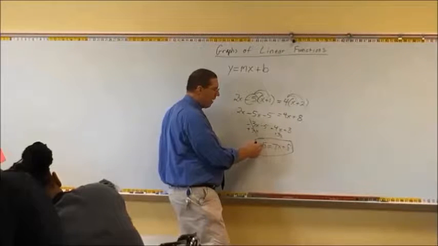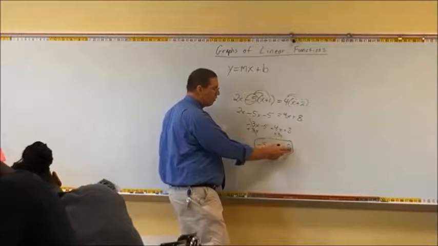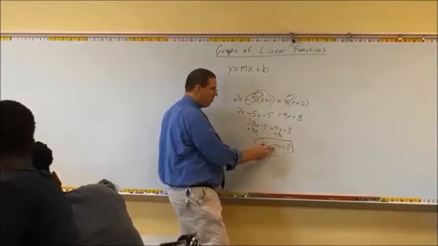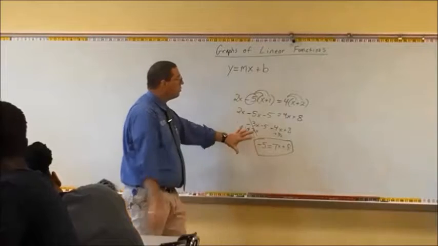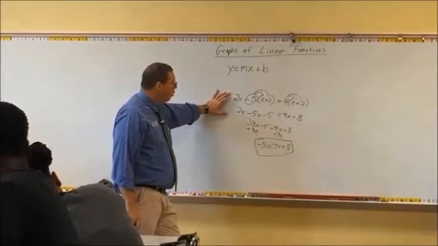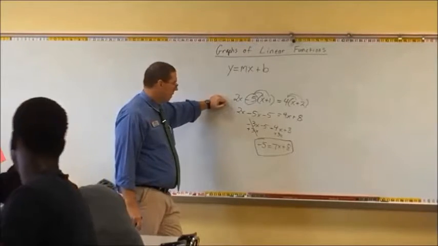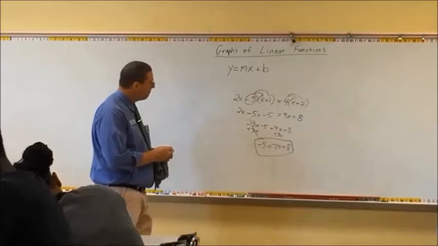But if I make this a negative 7, if I subtract 2 here, I have to subtract 2 over here, and then it would be negative 7 is equal to 7x plus 6. But I'm not going to do that right now. I just want you to see that linear equations can always be written in the y equals mx plus b form. Okay? All right? I'll wait.